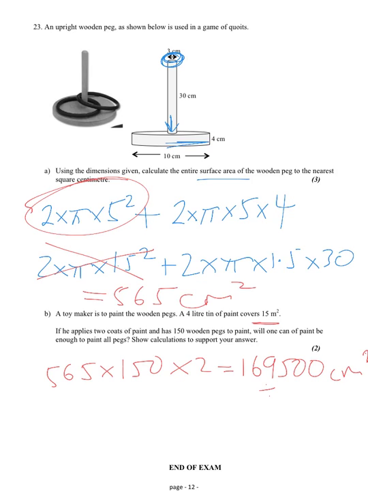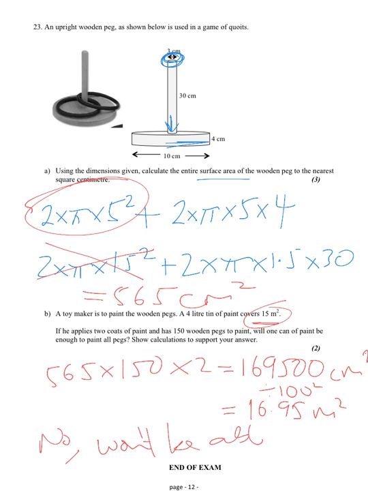Centimetres in a metre, 100, but because we're talking about centimetres squared, 100 squared, and we get 16.95 metres squared. Is it going to cover enough? No. We won't be able to paint 1.95 metres squared.